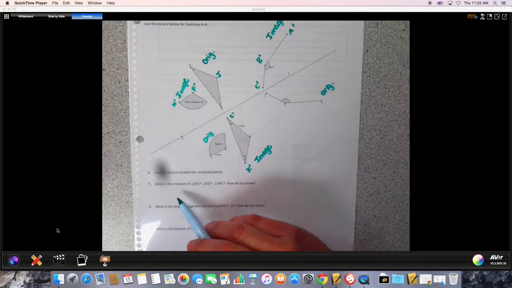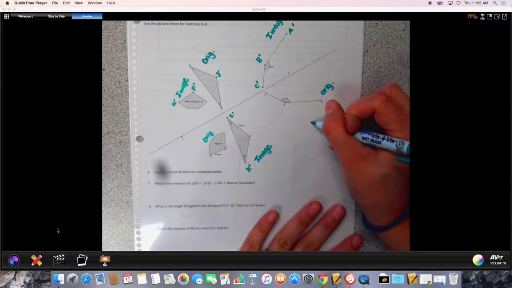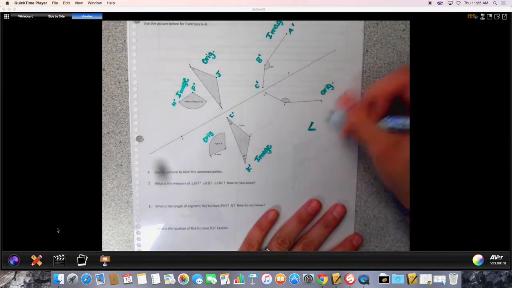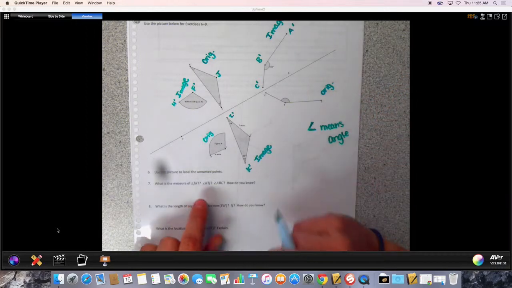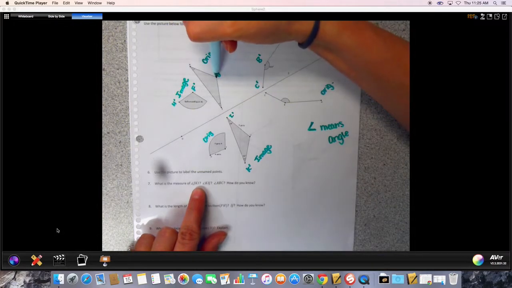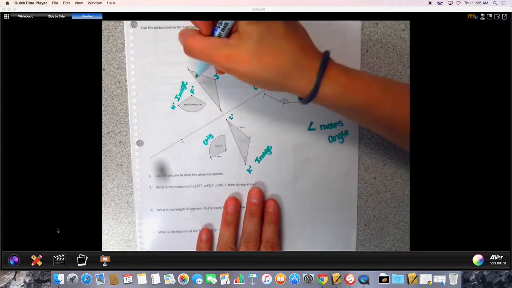Okay, now number 7 says, what is the measure of angle JKI? In math, something to maybe write down on the side here is this sign right here means angle. That means it's looking for a degree. So JKI is right here. We want to know the measure of that angle. Well, if you were to fold this up, 31 degrees would match up with that.